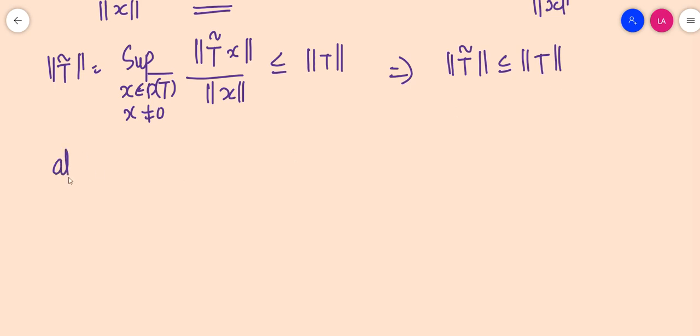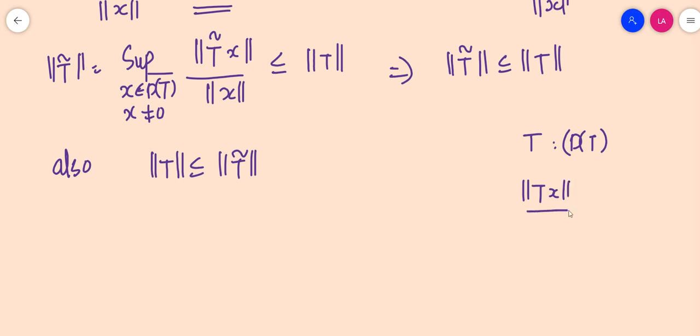Also, it is clear that norm of T is always less than or equal to norm of T tilde, because T is defined on D(T), and we are taking the supremum of norm T of x by norm of x for every x element of D(T), and T tilde is defined on a superset.